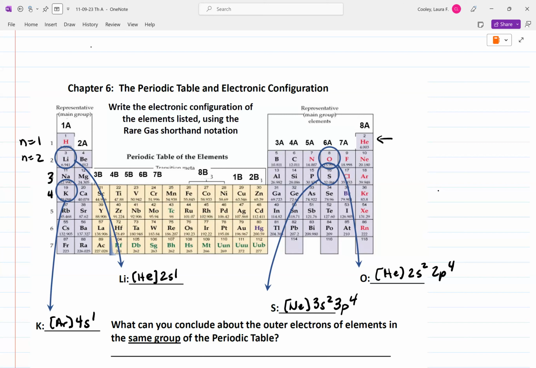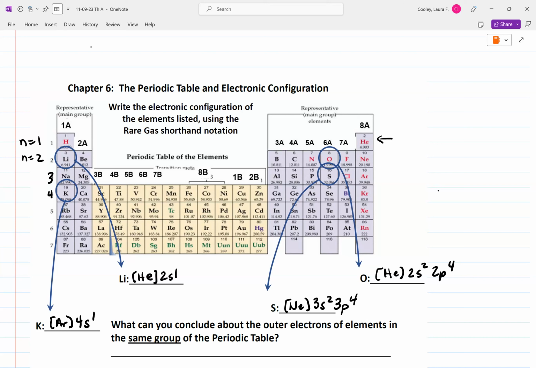Yeah. And so this is no coincidence here. You have elements in the same group or family or column in the periodic table. Notice this is the outer electrons. It's different shells. You could say ns1.